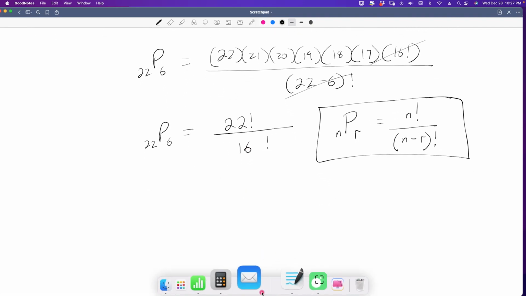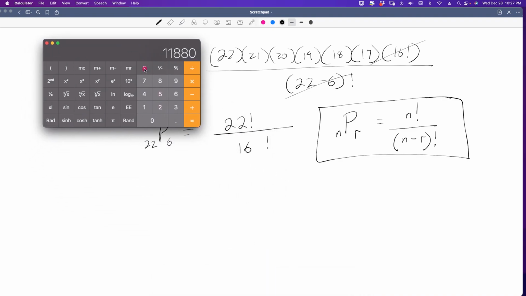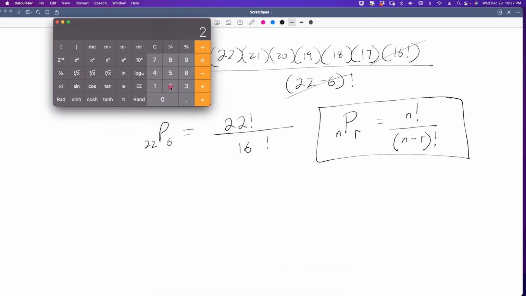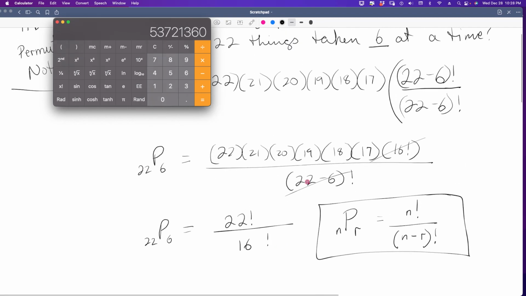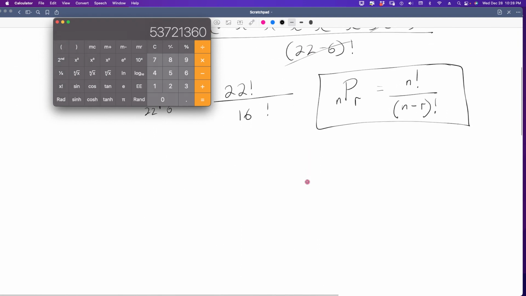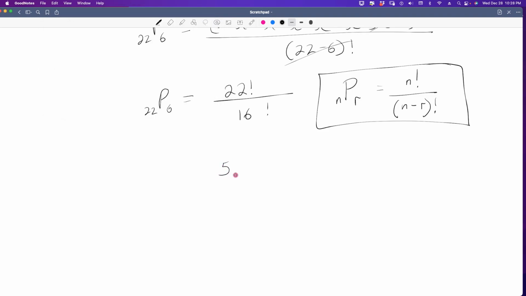Let's make sure that that works. So if I have 22 factorial divided by 16 factorial, I get 53,721,360. And if I recall, on the first problem, when we did all of those calculations, we got 53,721,360.